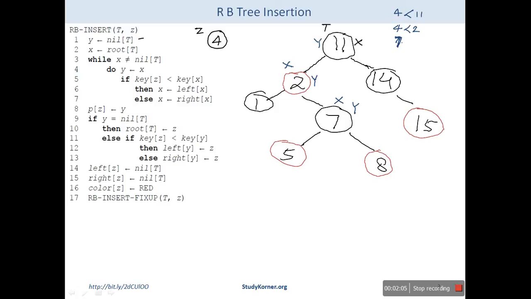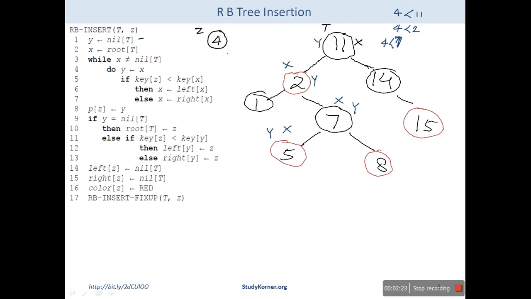Is 4 less than 7? Yes, so it will go to the left part. So x is here, y is also updated because x is not equal to nil, and x and y point to the same location.